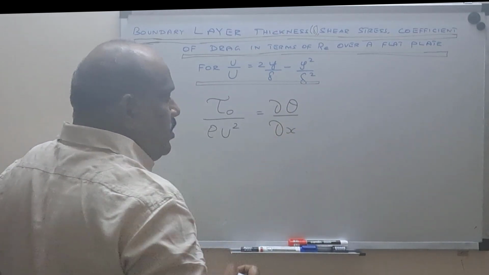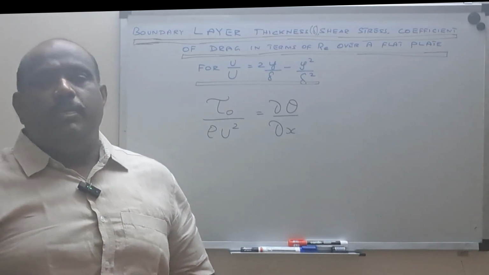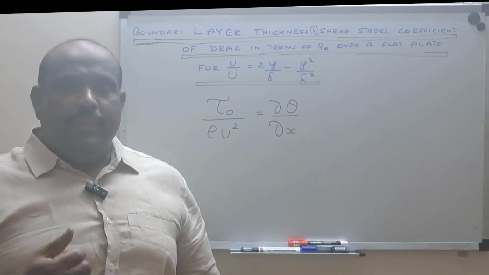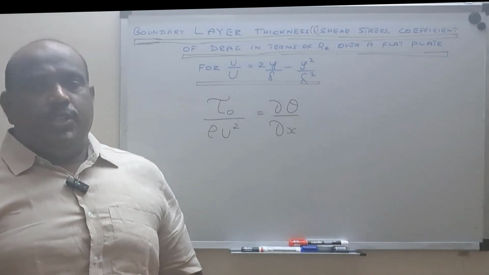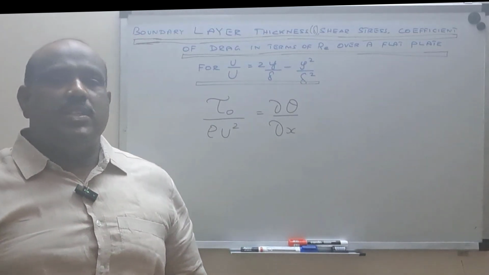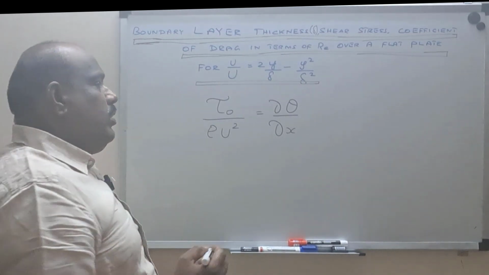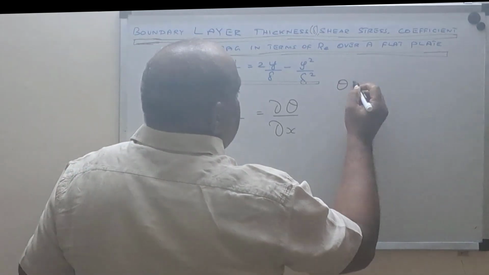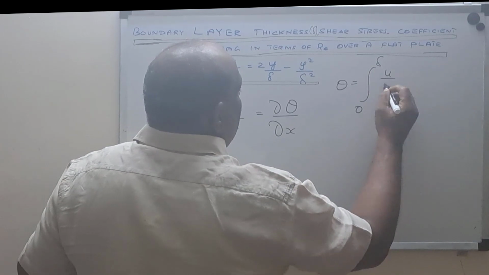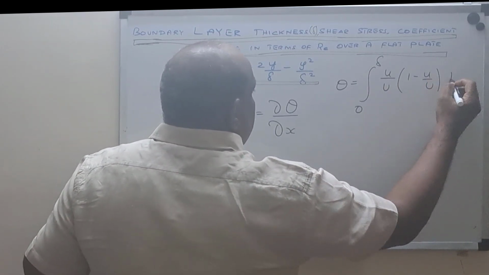So we are going to make use of this von Karman momentum integral equation for deriving this relationship, where tau naught is the shear stress at the wall, rho is the density of the working fluid, U is the free stream velocity, and theta is the momentum thickness. So we know the momentum thickness theta is given by the integral from 0 to delta of U by U infinity times (1 minus U by U infinity) dy.